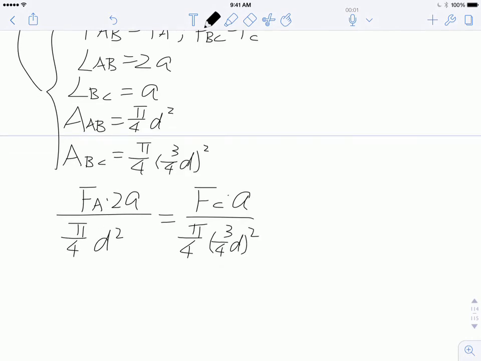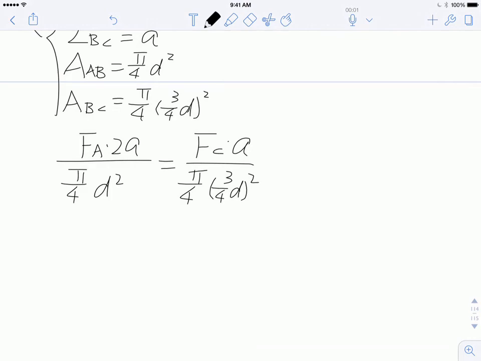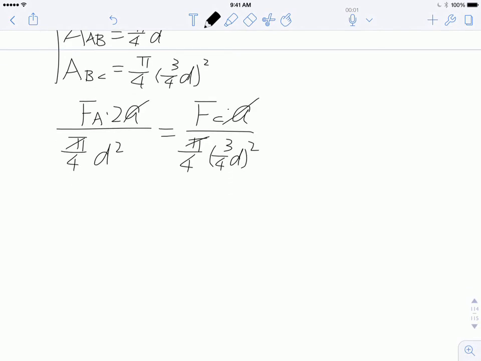Lots of things can be cancelled: a, pi, and of course d squared. The 1 over 4 is cancelled as well. So all I have is 2 FA equals FC divided by 9 over 16.